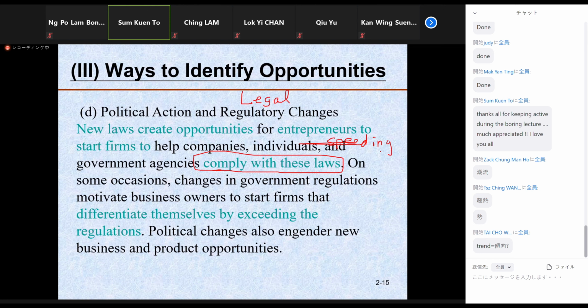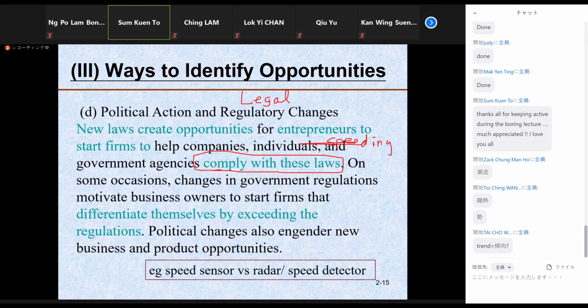And if you are also a scientist, you might invent some sort of speed radar detector, 偵測器. So if there is a police machine ahead of you on the highway, your new invention will alert you: 10 km ahead, there is a police radar.